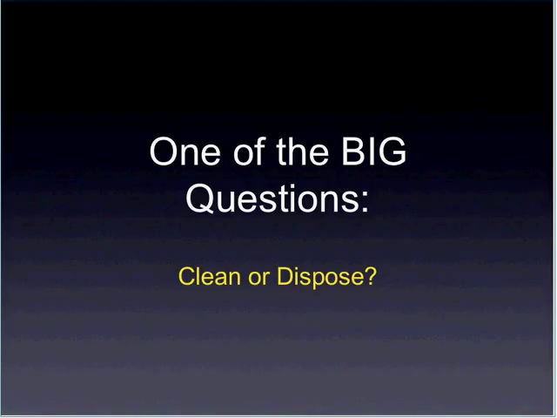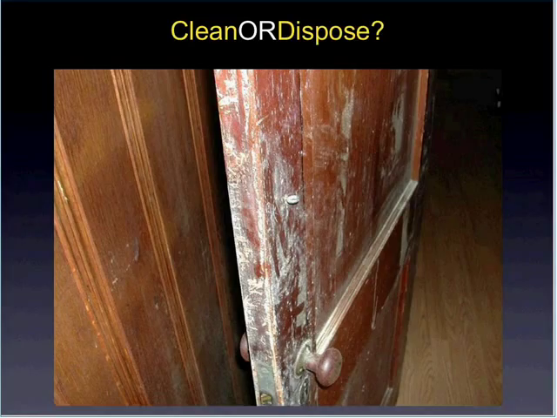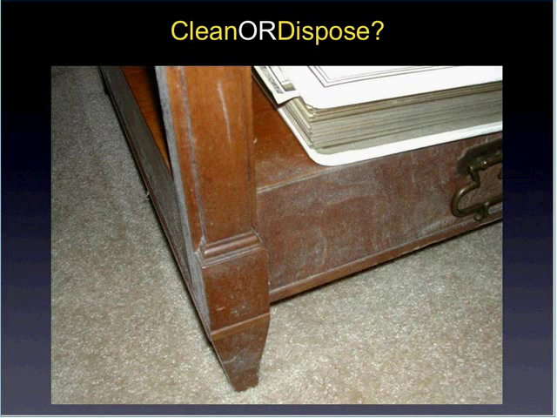In performing remediation, one of the big questions is, how are surfaces and materials to be treated? What gets cleaned? What gets disposed? If you have a wooden surface that's got a finish on it, like a varnish or a lacquer, then those can normally be wiped. If they don't have that surface and there is mold growth, sometimes wiping will take care of the mold. Sometimes it may have to be sanded.